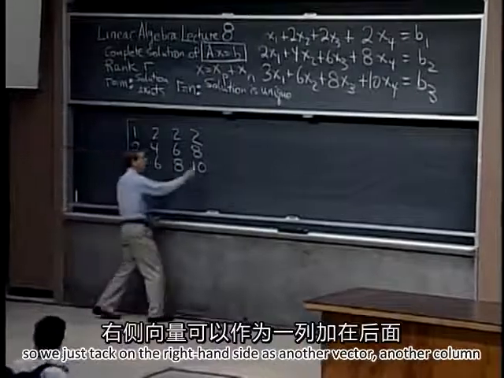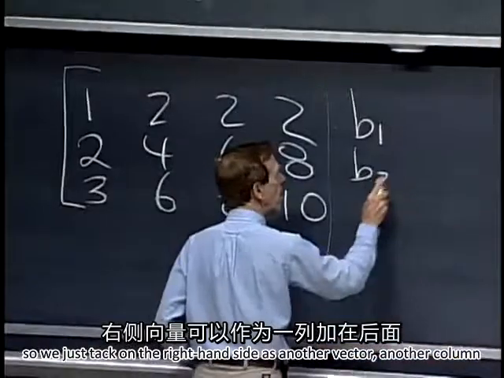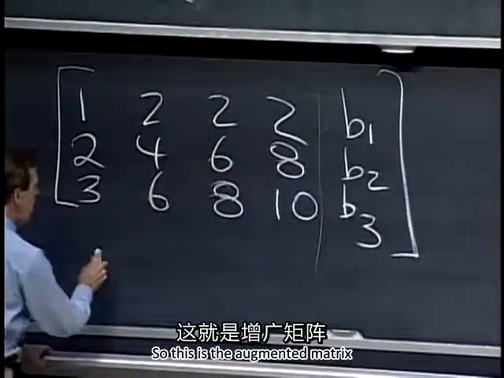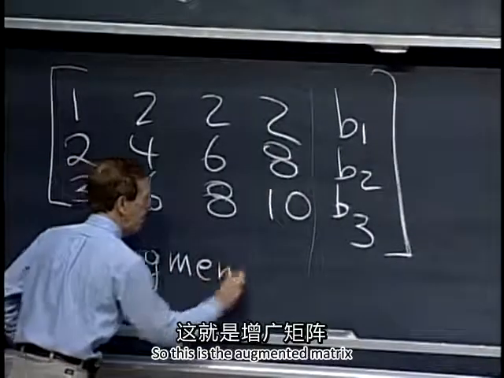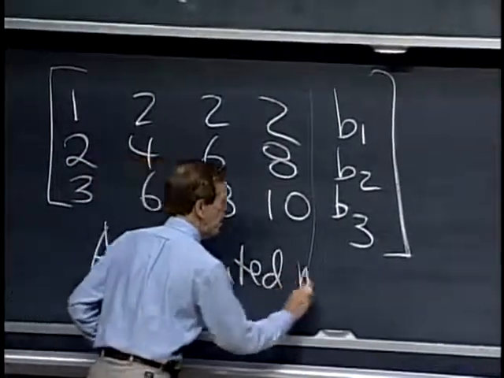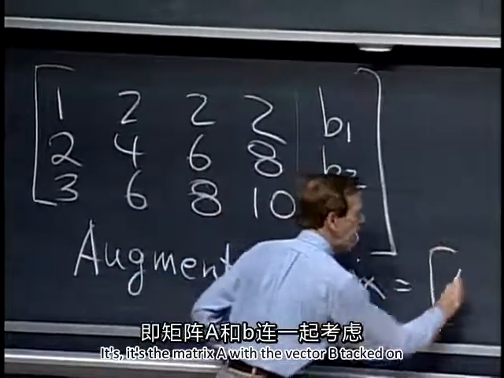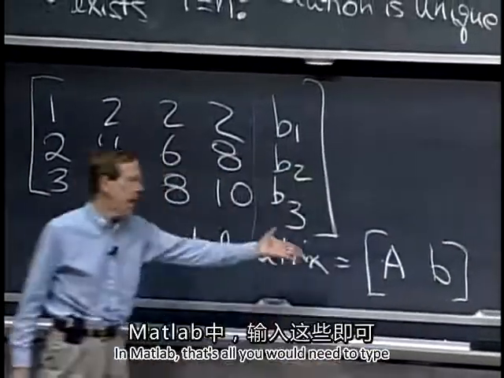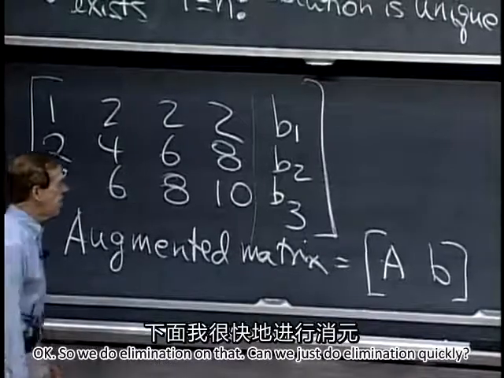So we just tack on the right-hand side as another vector, another column. So this is the augmented matrix. It's the matrix A with the vector b tacked on. In MATLAB, that's all you would need to type. Okay, so we do elimination on that.